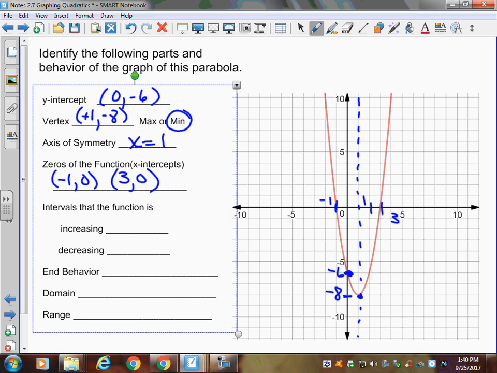Now, when you do intervals that the function is increasing or decreasing, there are a couple of different ways to do that. For this lesson, I'm going to try and give you some knowledge about some new notation you may have not seen before. But sometimes you could just say something about x is greater than or x is less than a certain number. And that works great.